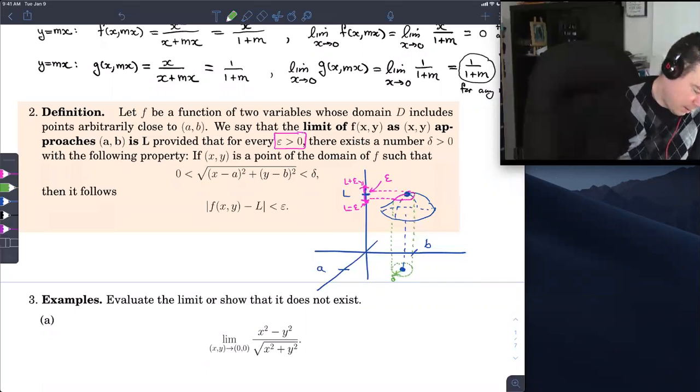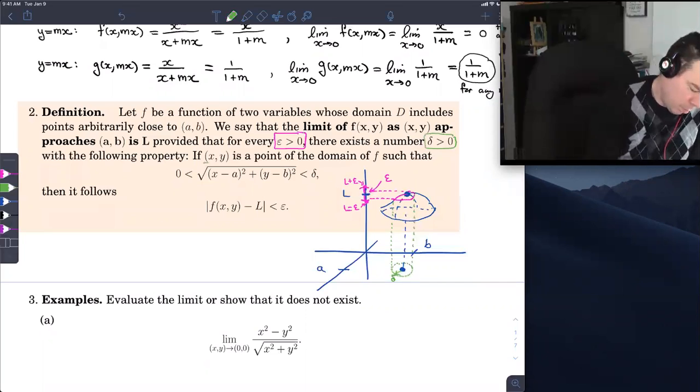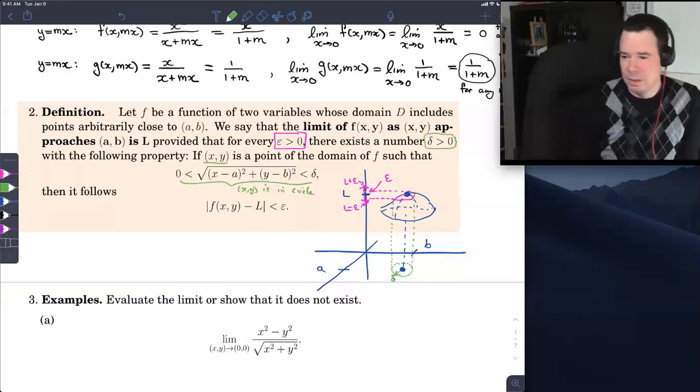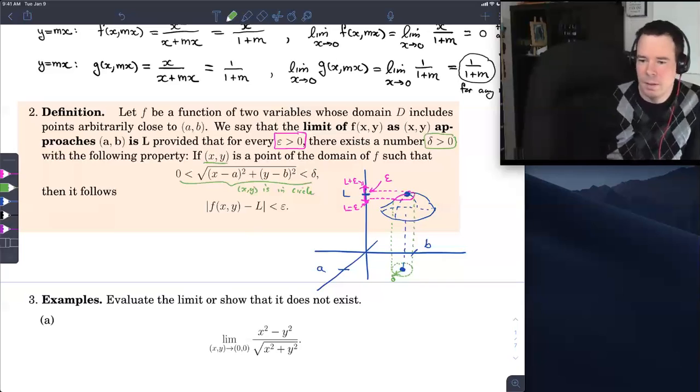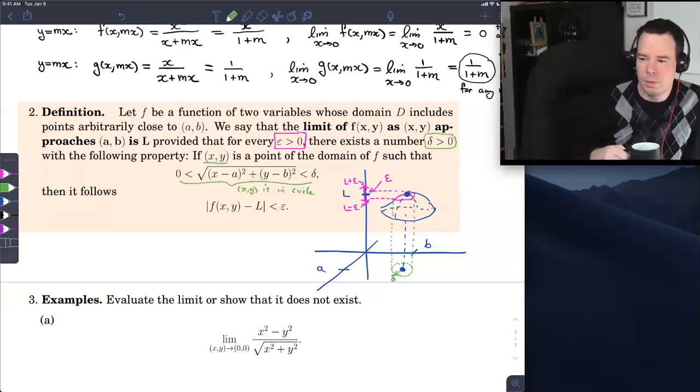I can find a delta that is a radius of a circle small enough around (a, b) so that whenever (x, y) is a point in that circle, that's what this here says, because its distance from (a, b) is less than delta, then the function value is within epsilon of that limiting value I'm trying to show, L. So if (x, y) is close enough to (a, b), then the function value is close to L. That's what this is saying.